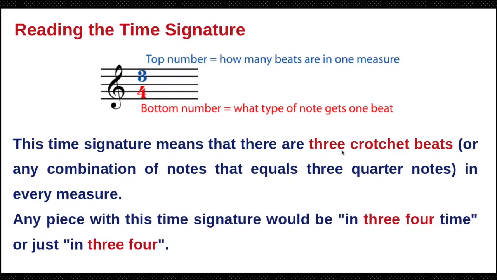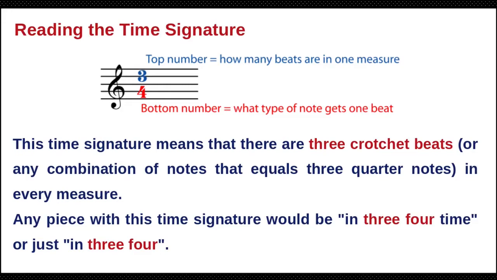The time signature illustrated here means that there are 3 crotchet beats, or any combination of notes that equals 3 quarter notes, in every measure. Can you see that? So it means that in every measure I can find 3 crotchet beats or any other combination, maybe a minim and a crotchet, maybe I can have 6 quaver notes, that is the 8th note.